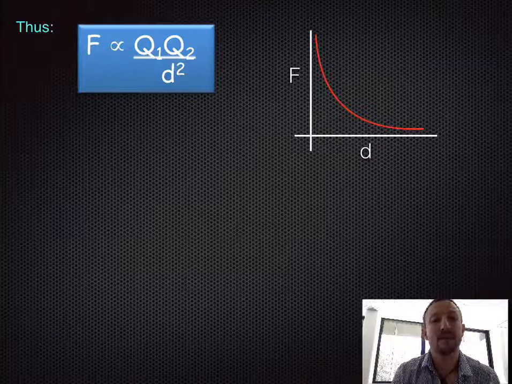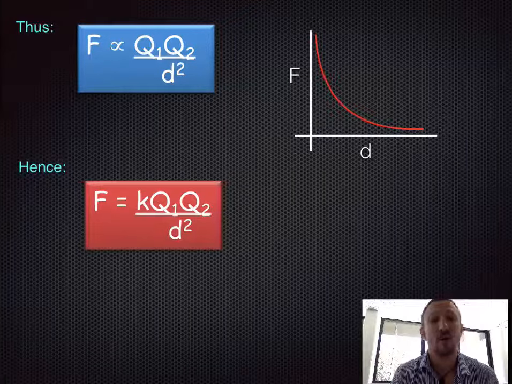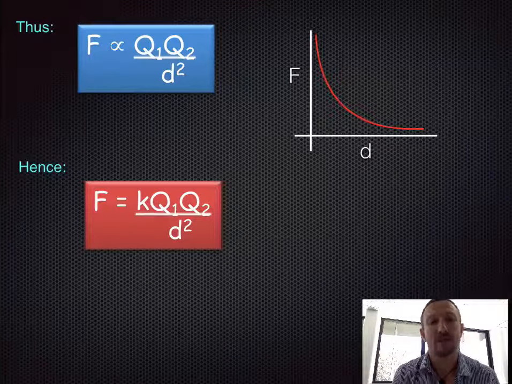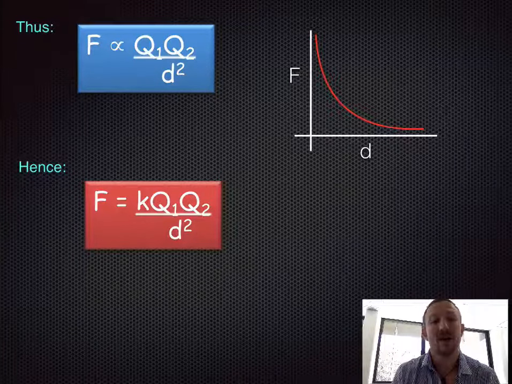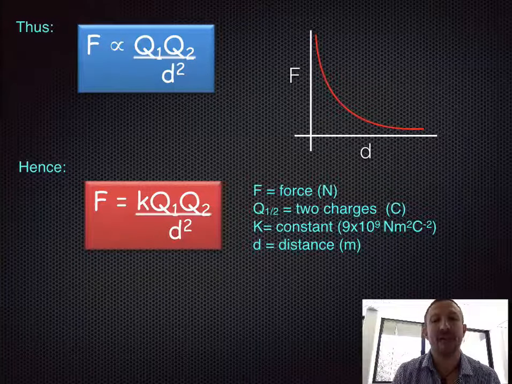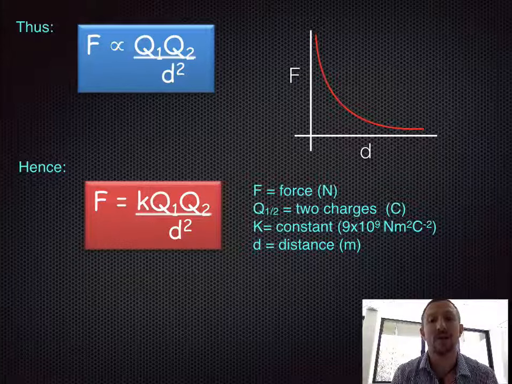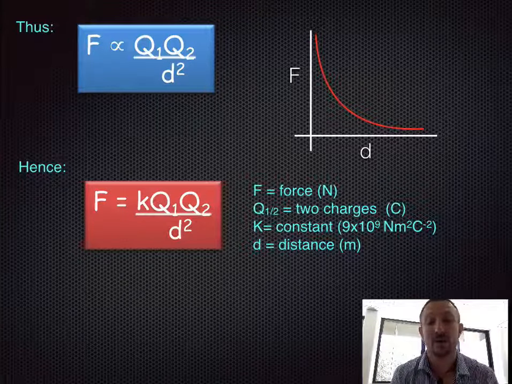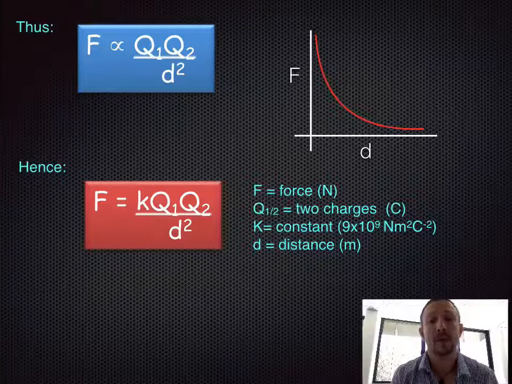From this, a mathematical relationship can then be devised where we can find a constant K by looking at the gradient between the force and the distance. So overall, K has been given as a constant of 9 times 10 to the 9 newton meters squared per coulomb squared.